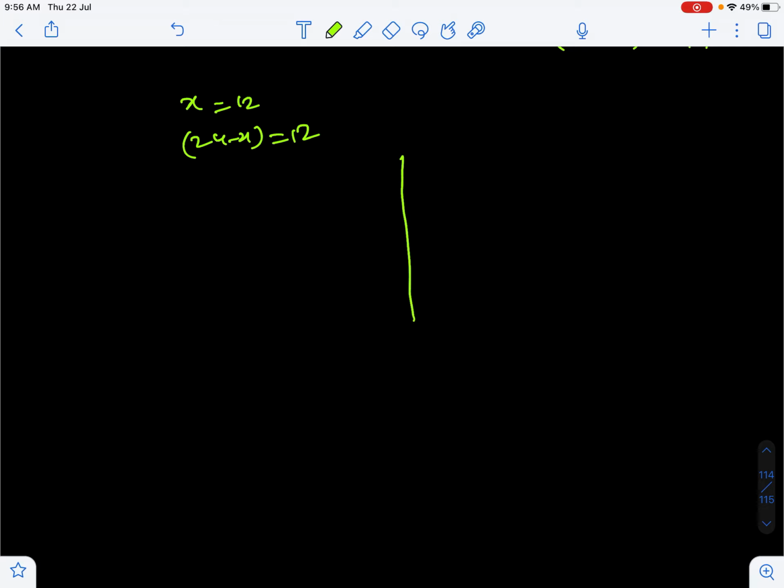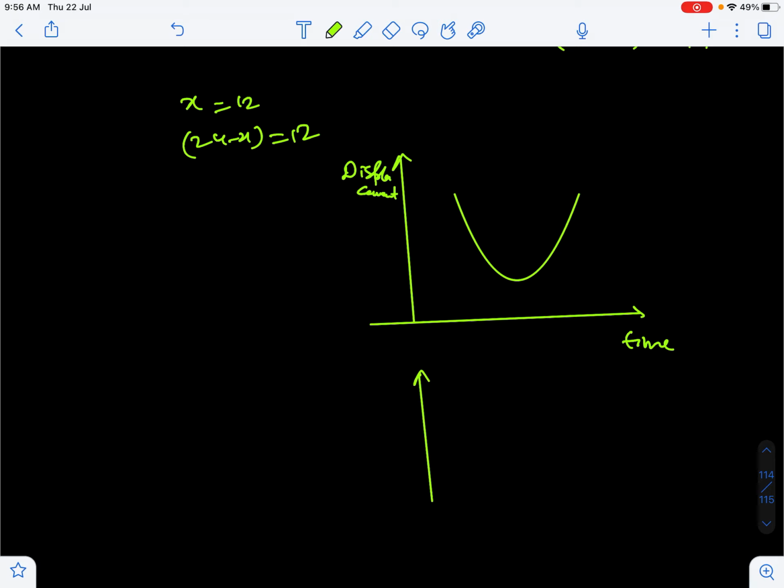Now guys, at the last of the class I want to say something I have already discussed in class. Suppose I have a displacement time graph and I gave an upward parabola like this and a downward parabola.